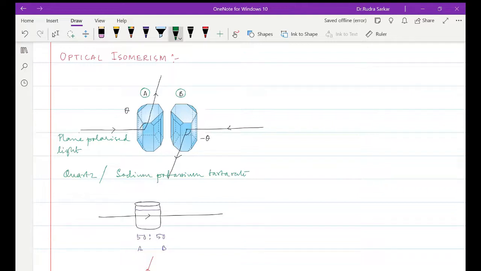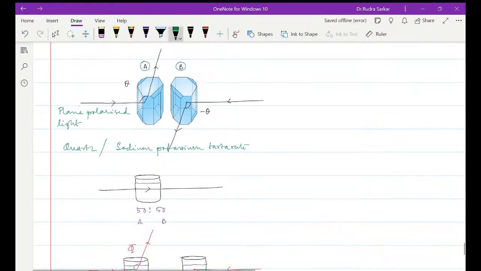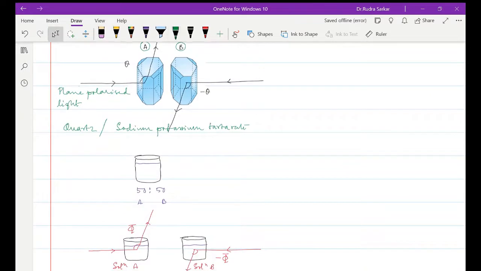Now he wanted to see if he could mix equal amounts of A and B and put it inside a solution, say in a 50-50 ratio, and then if he passed the plane polarized light through this solution of A and B, would he see any deflection?